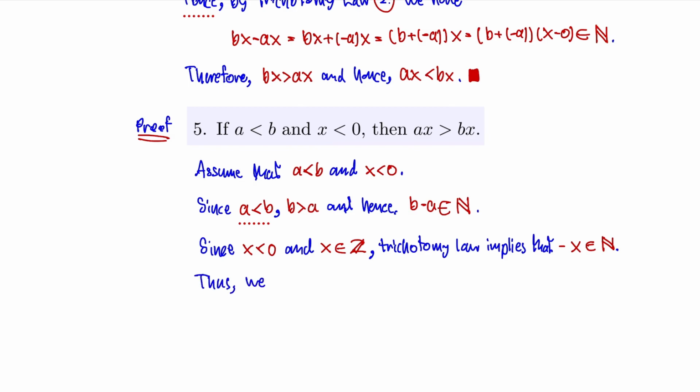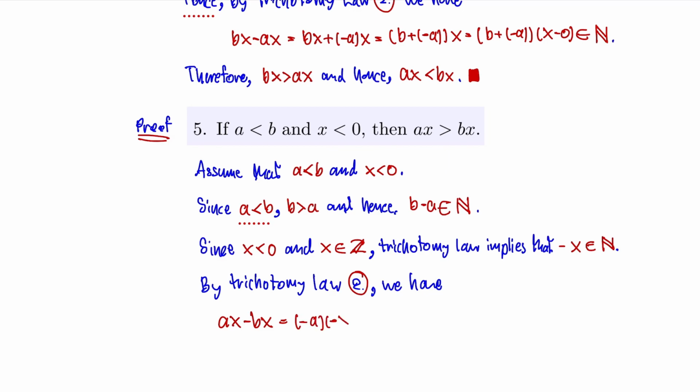So what do we have? Again we use the trichotomy law, the second one. I want to start with ax minus bx, which is minus a times minus x plus b times minus x.